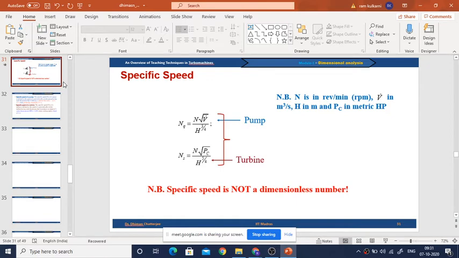So good morning everyone. We will start with the last topic. There will be two derivations in this topic. We are going to see what those derivations are and how they are applicable. In this session, we will be going through the specific speed.